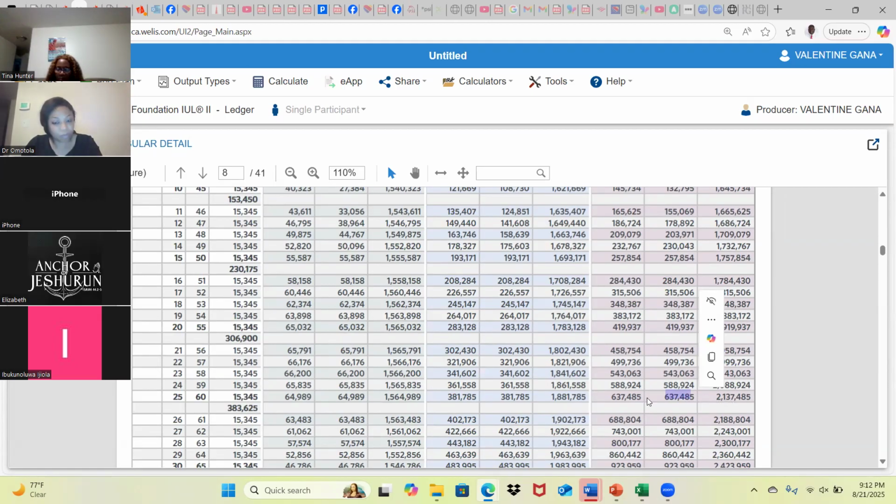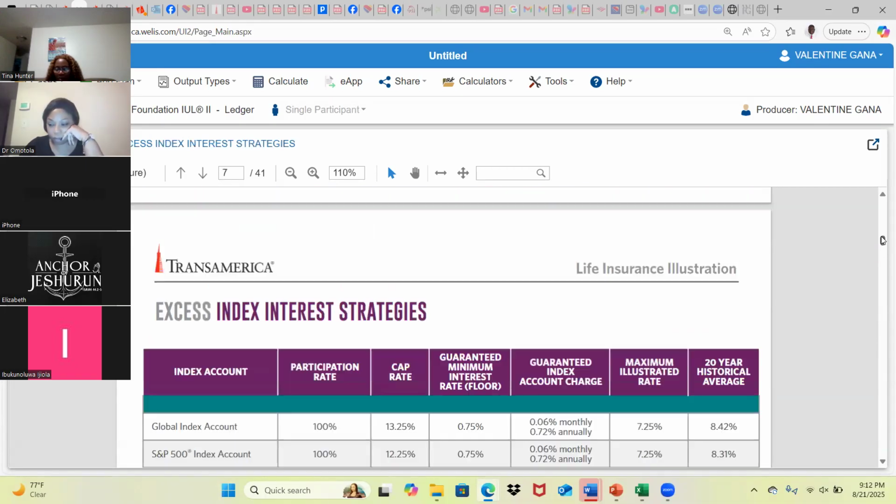All right, so again, year 25, make a mental note of this. Their cash is $637,000 at year 25. All right.